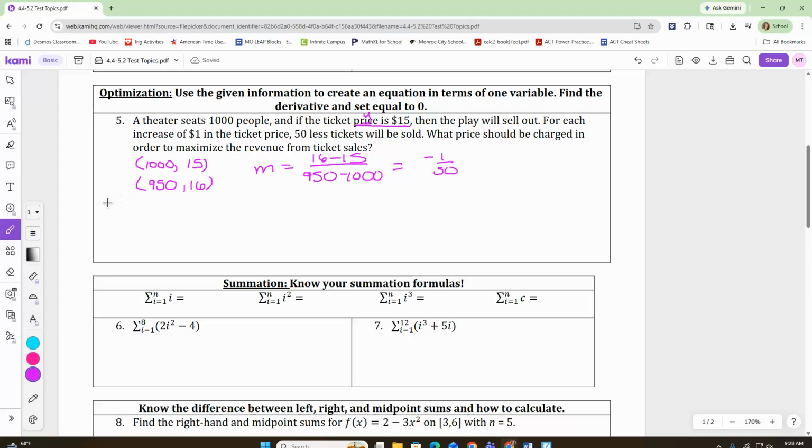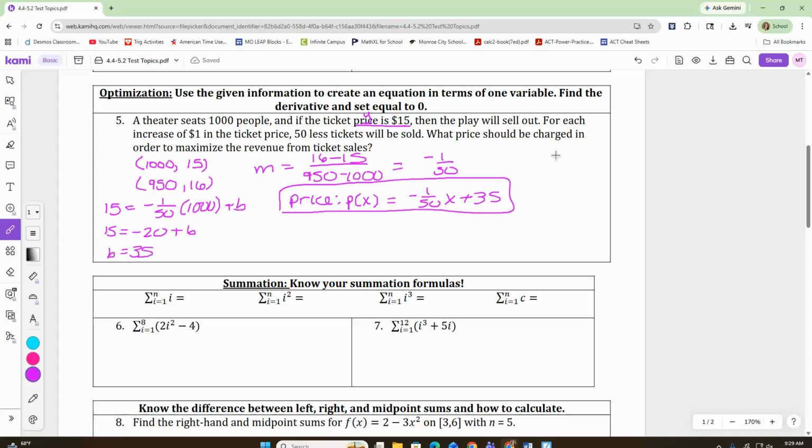Plug into y equals mx plus b. And my y-intercept is 35. So now I know my price is negative 1 over 50x plus 35.